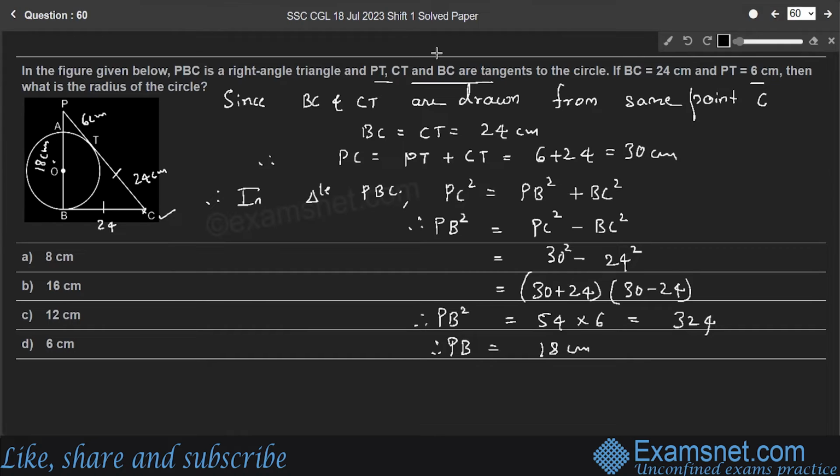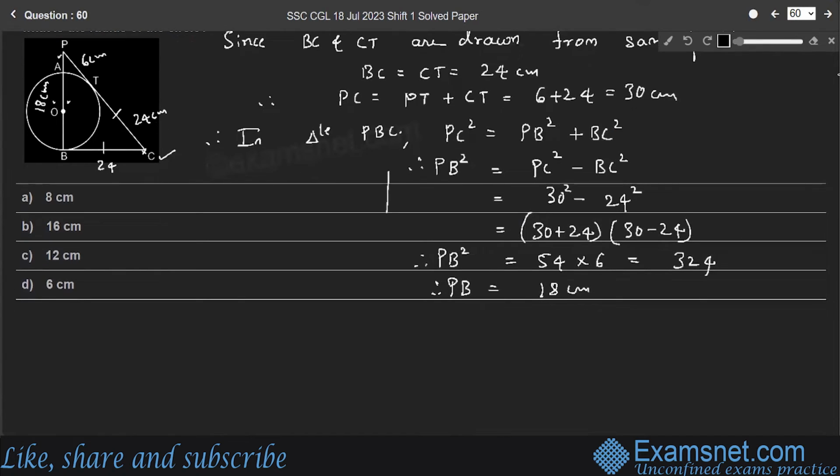So to get the diameter AB, we need PA also, right? So now consider tangent PT. So I'll write here. PT is tangent, right? So PT is also tangent to the circle. So the square of the tangent, PT square, is equal to PA into PB.